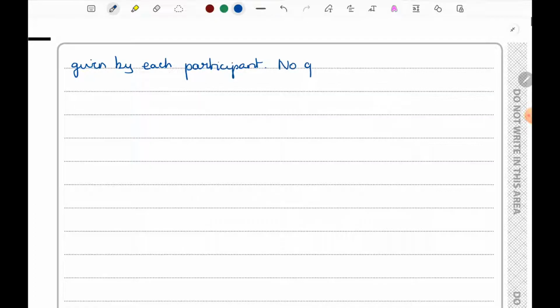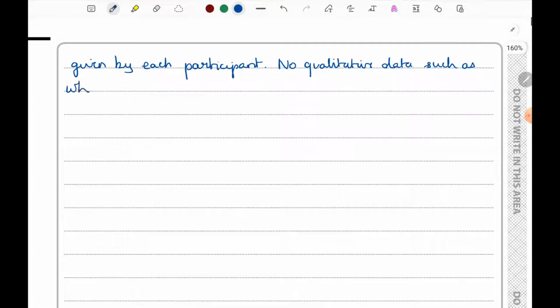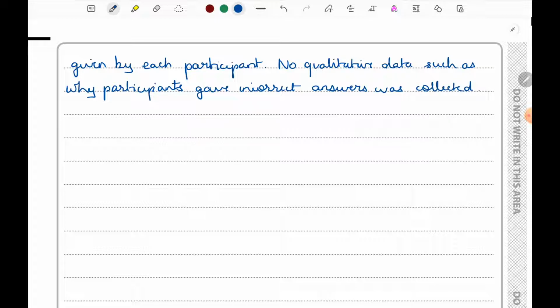No qualitative data such as why participants gave incorrect answers was collected. Okay, so this is my AO2 paragraph. Now I will write my AO3 paragraph.